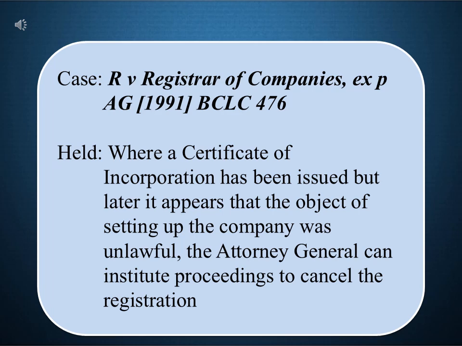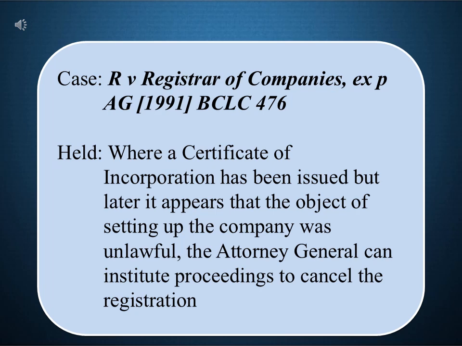In fact, in the case of R v Registrar of Companies, ex parte AG, reported in 1991 in the Journal of BCLC at page 476, the court held that where a certificate of incorporation has been issued, but later it appears that the object of setting up the company was unlawful, the Attorney General can institute proceedings to cancel the registration.